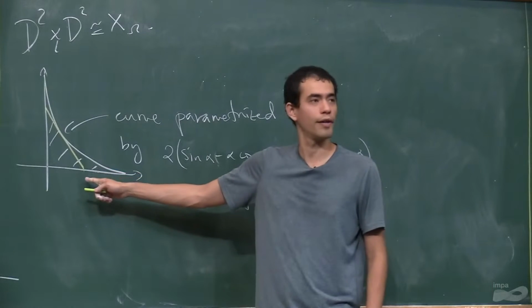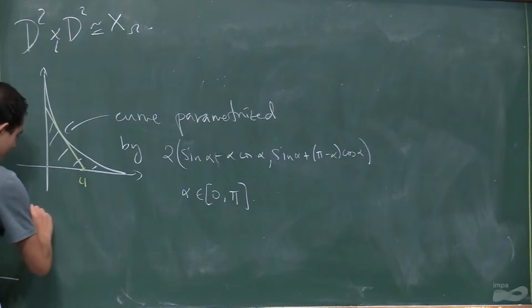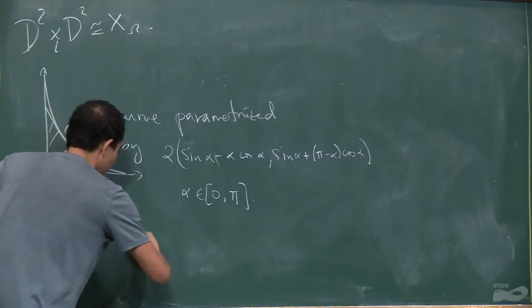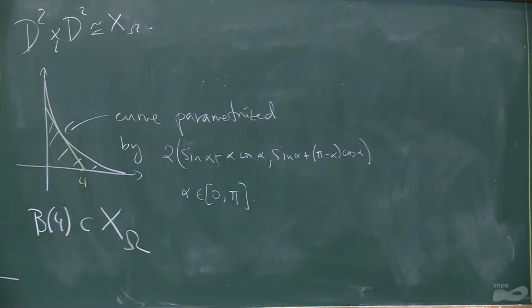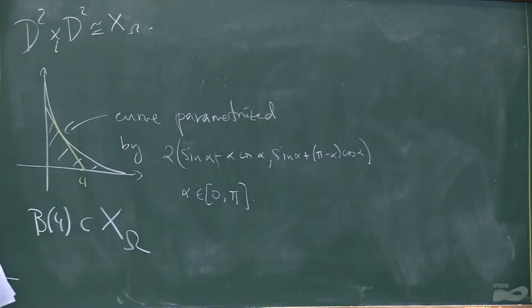And this number is 4. Which means that B4 actually is contained in this toric domain. So that means that the problem of embedding a ball into this toric domain is rigid. So the best ball, I told you, they computed over there, is actually obtained by inclusion.